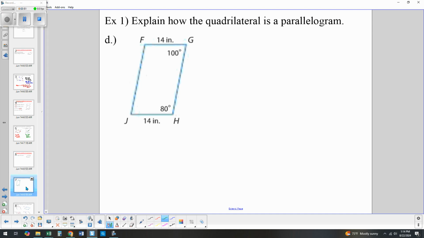So in our last part of example 1, explain how this quadrilateral is a parallelogram. Well, we do know that FG and JH are congruent, and I also know that FG is parallel to JH, right? These angles here are consecutive interior, and they're supplementary. So that's the consecutive interior angle converse.